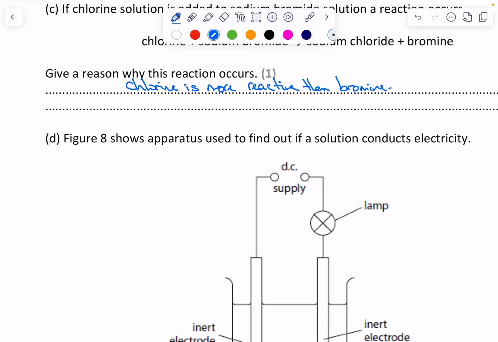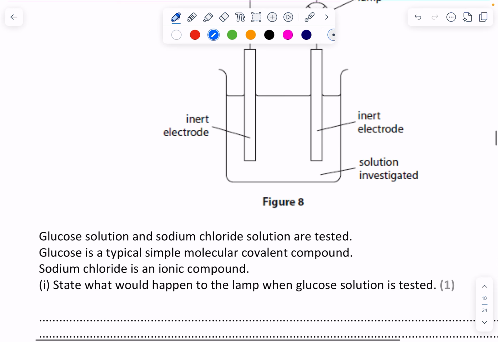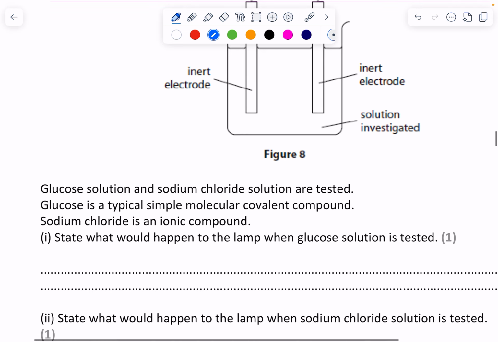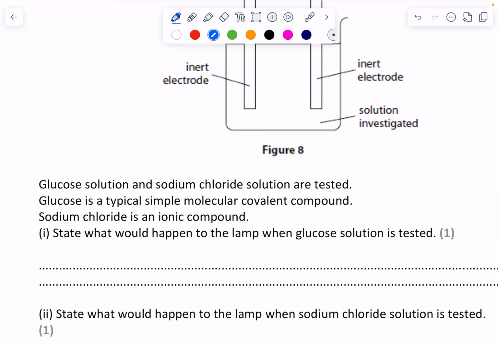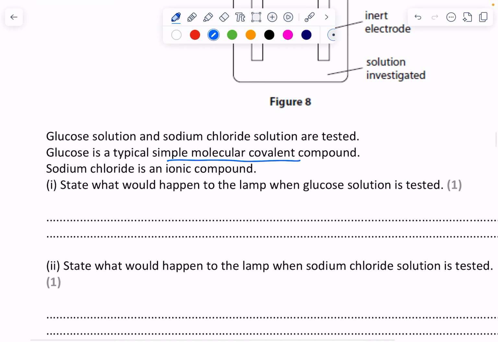Figure 8 shows some apparatus to see if a solution conducts electricity. Let's have a look. It says glucose solution and sodium chloride are tested. Glucose is a typical simple molecular covalent substance. State what happens when glucose is in there. So if glucose is in there, because it's a simple molecular covalent substance, the lamp would not light up.